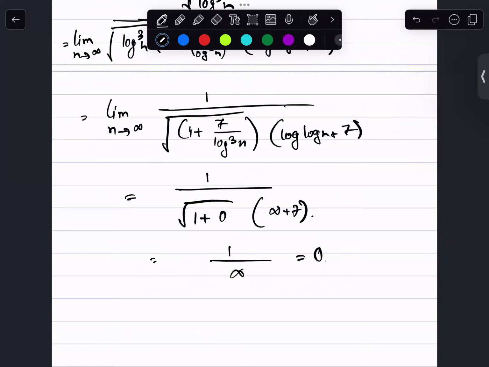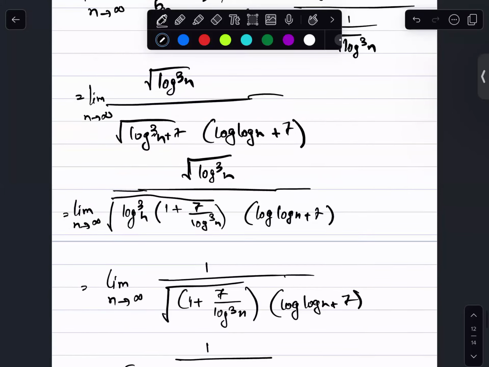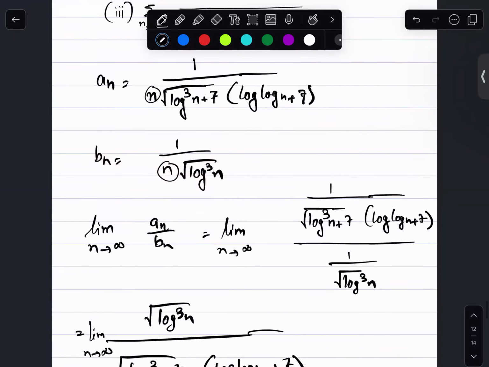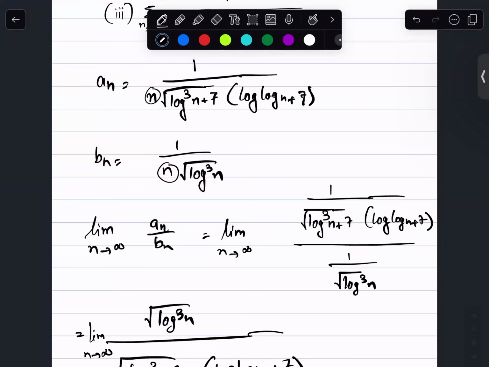Okay. So now you can see why I chose the bn like that. Because I see that there is one extra n in the term an. I need to cancel that, so therefore I have taken that n there, and this log to the third will give me issues, so I need to cancel that as well.